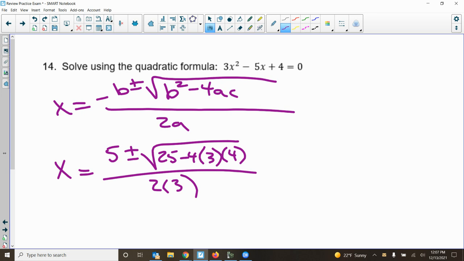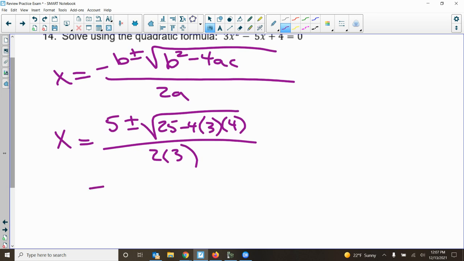Let's see, inside the square root, 4 times 4 is 16, times 3 is 48. So when I have 25 minus 48, I think I get -23. Is that right? And what's the square root of -23?